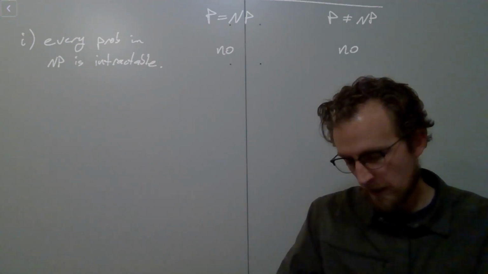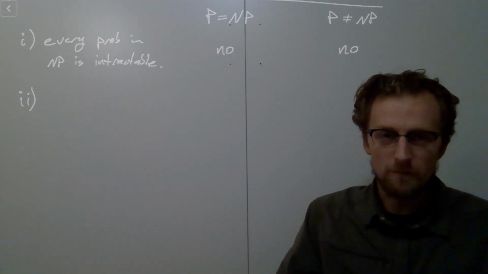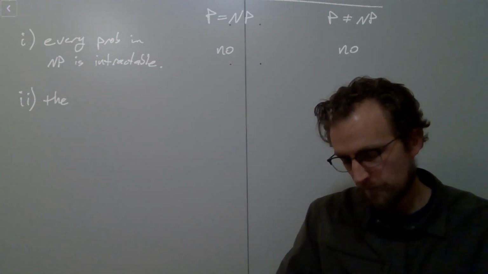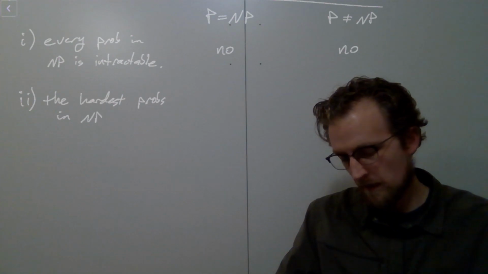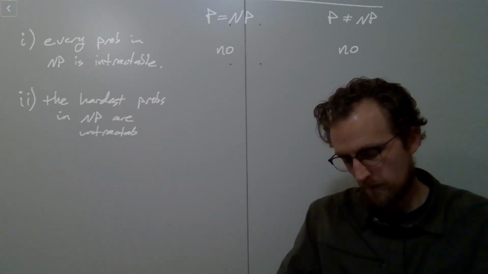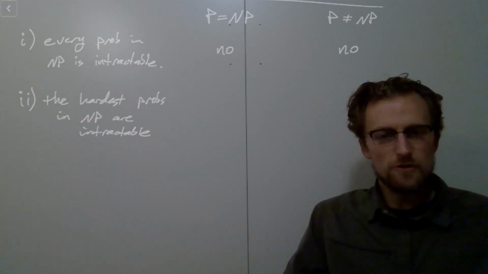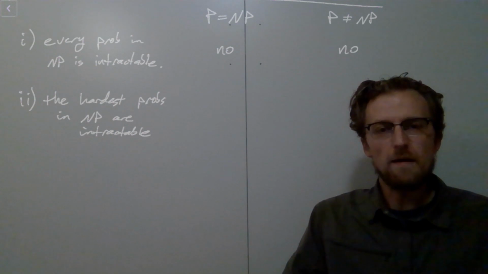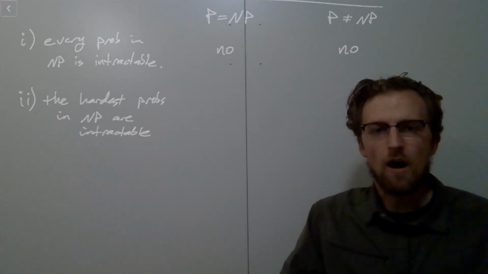Now let's go down to part 2. Part 2 says the hardest problems in NP are intractable. If P equals NP, then the answer is no, because P equals NP means directly that the hardest problems in NP are tractable.